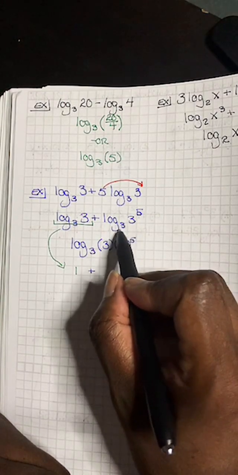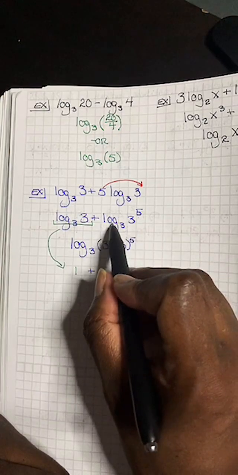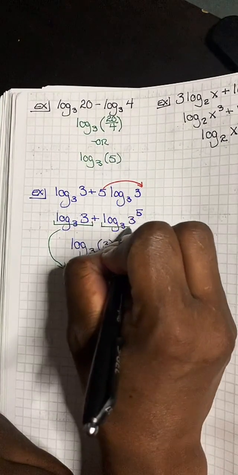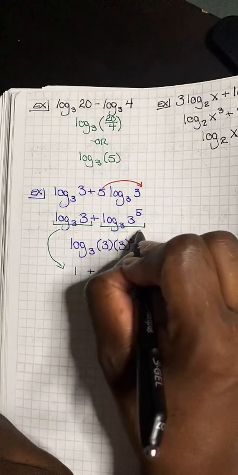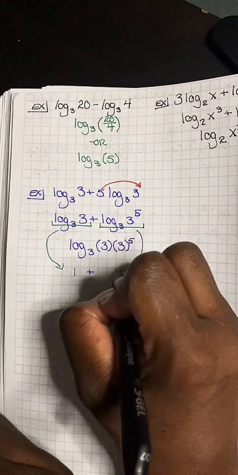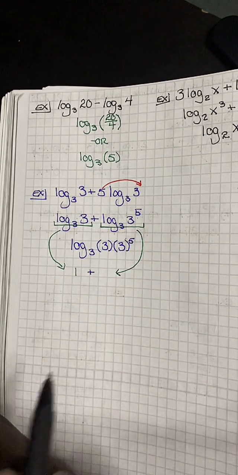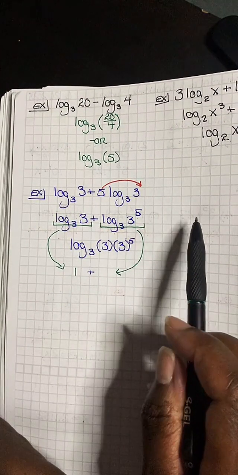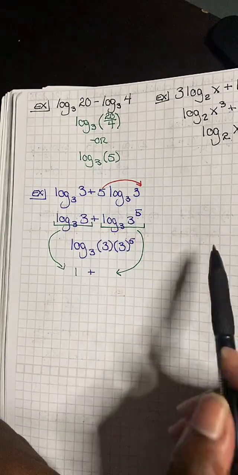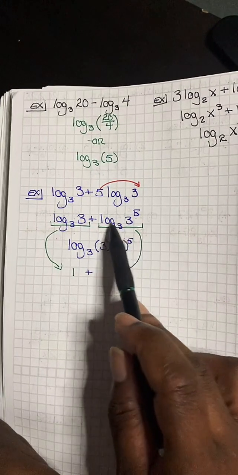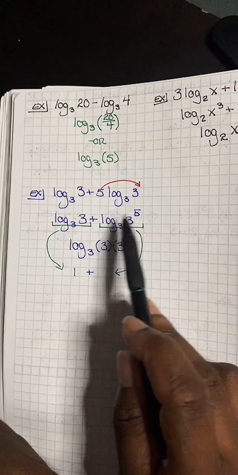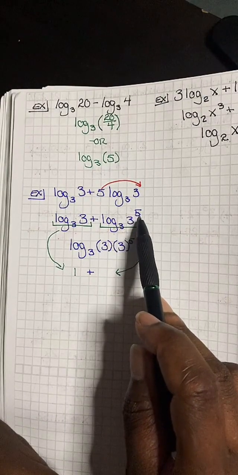If they cancel each other out, including the log, what's left over here? Good, Evie. Evie's saying 5. Because if the log and the base of 3 and this 3 cancel out, what's left over?